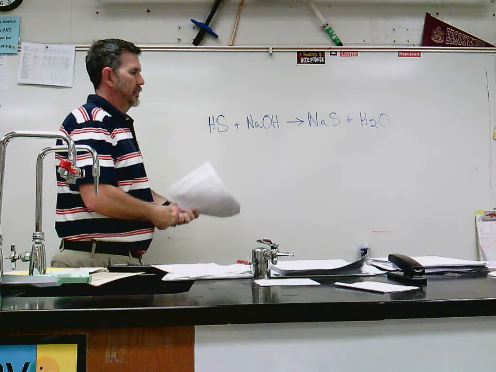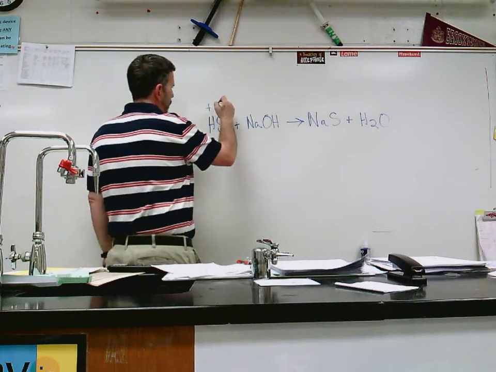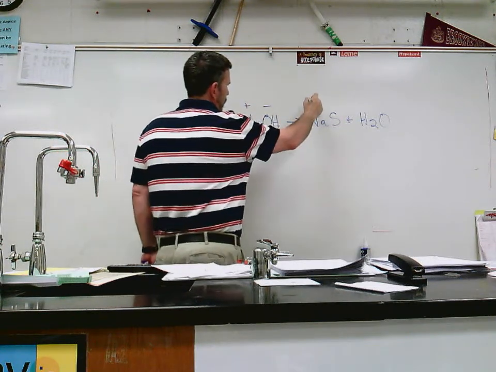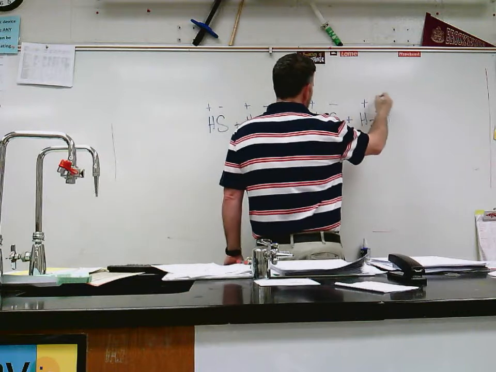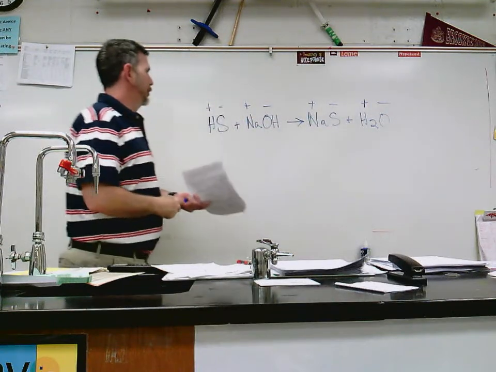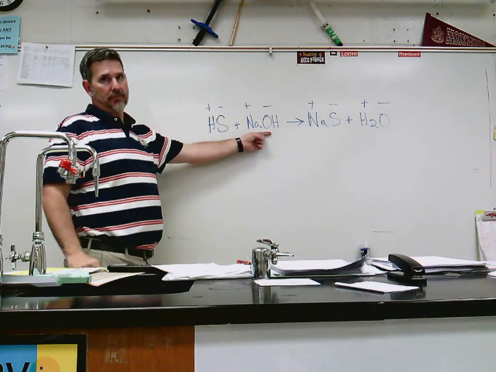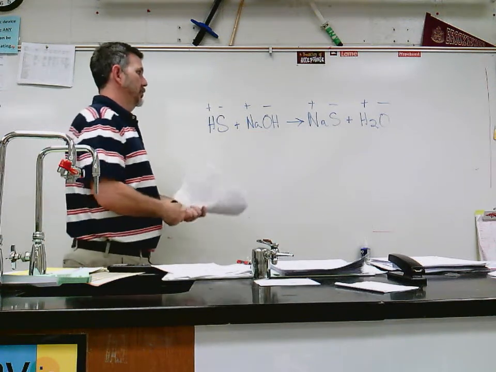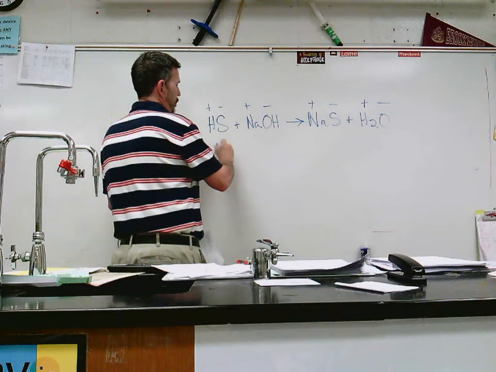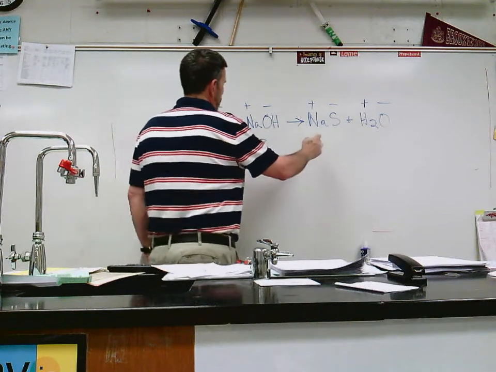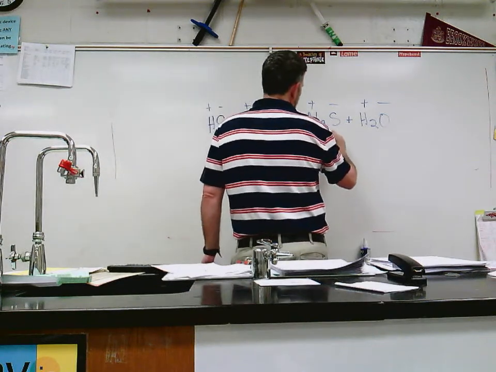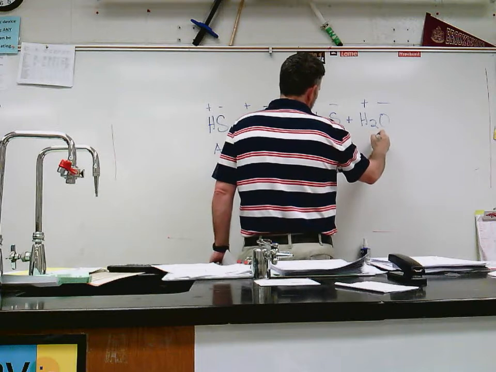Okay, cations always come first. Plus, minus, plus, minus, plus, minus, plus, minus. So what it looks like is, this is my acid, this is my base, this is my salt, and this is my water.